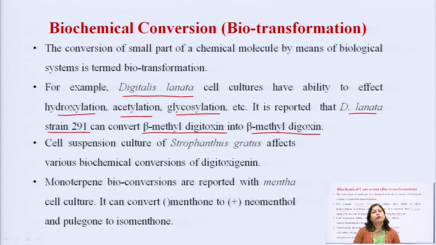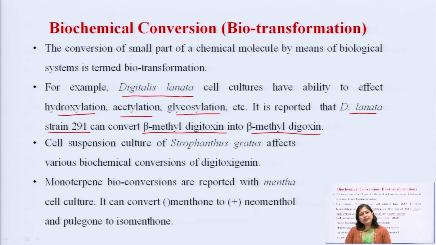Digitoxin has a more cumulative effect inside the body compared to digoxin, and therefore, digoxin is of more benefit to us, and by plant tissue culture we could easily convert beta methyl digitoxin to beta methyl digoxin.